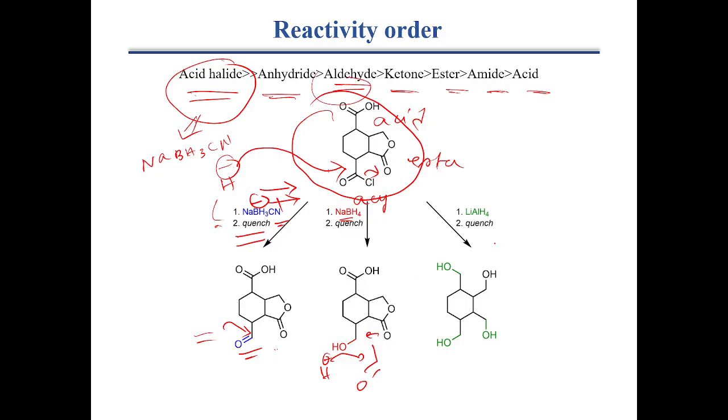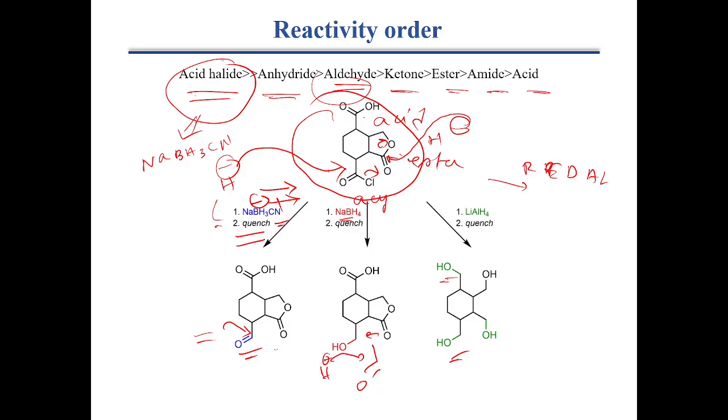But lithium aluminum hydride or DIBAL, both are very strong reducing agents. They will react with acyl halide, acid, and ester. First this acyl halide is converted to alcohol. This acid is also converted to alcohol, and this ester. In presence of lithium aluminum hydride, hydride will attack here.